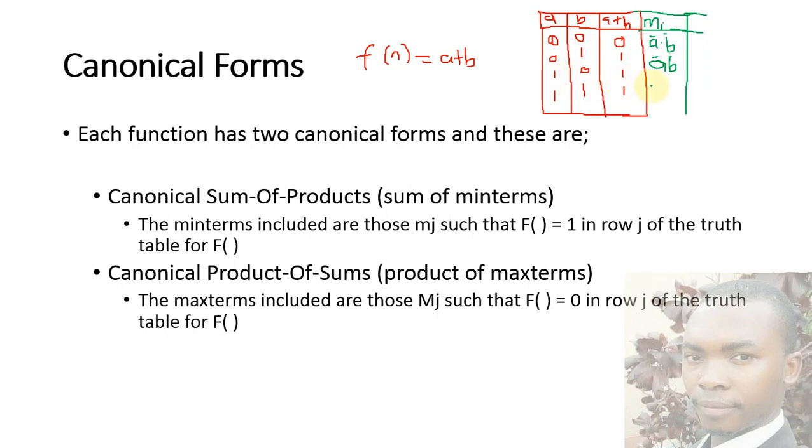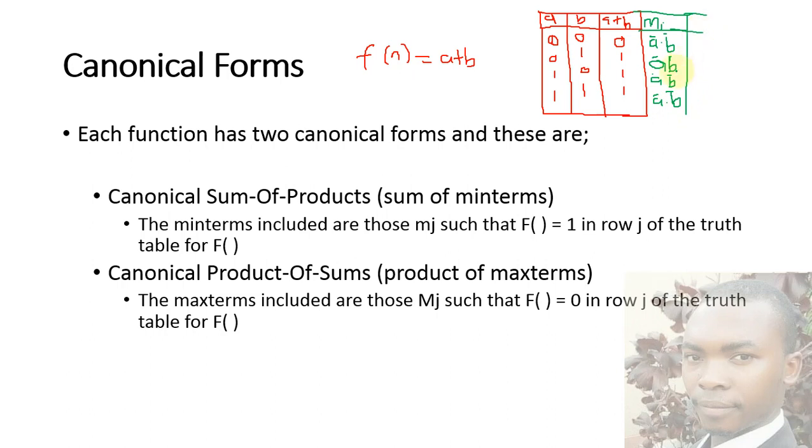This is A naught. That is A just. And then this is B naught. And then lastly, this is A naught times B naught.